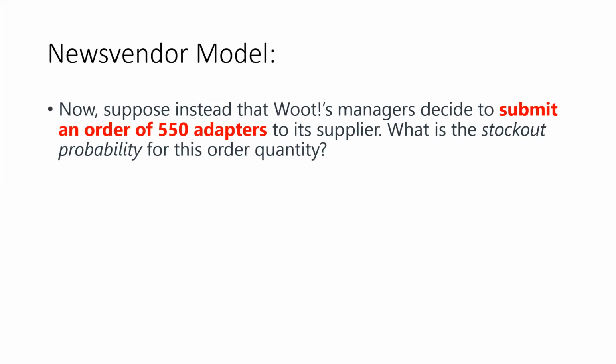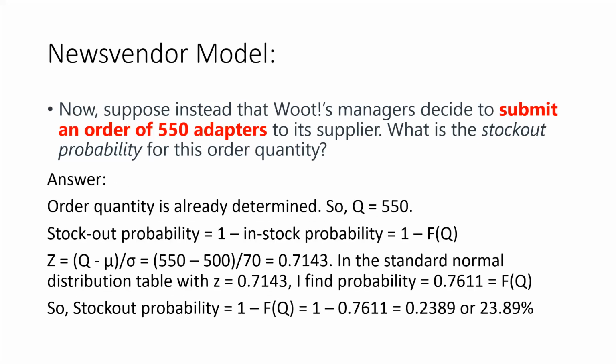So Q is 550, and you standardize Q with Q minus mu divided by sigma.